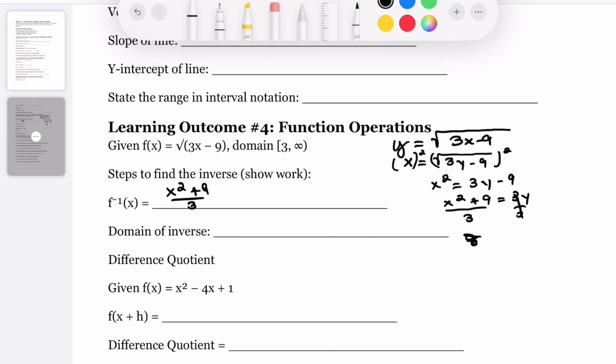And then when you're trying to find the domain of the inverse, if it helps you at all, I'm just going to do the domain using Desmos.